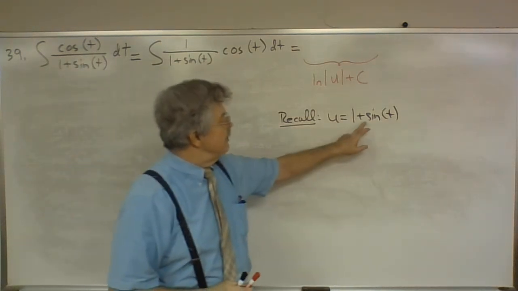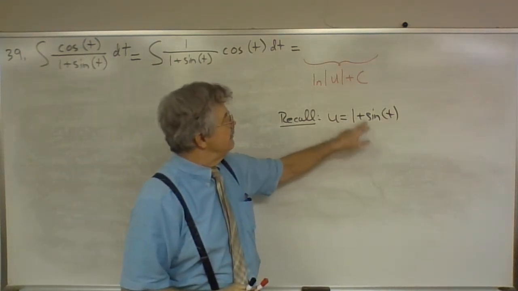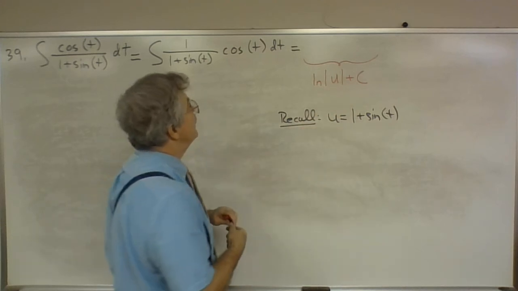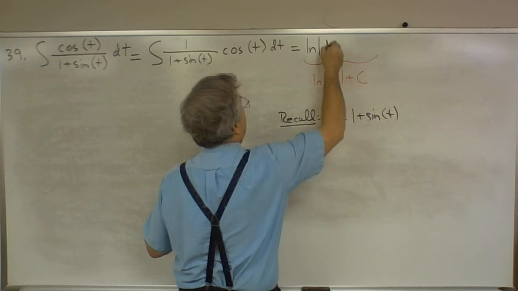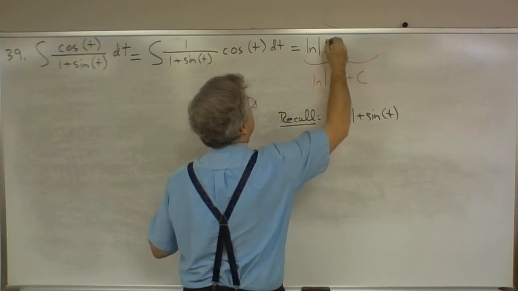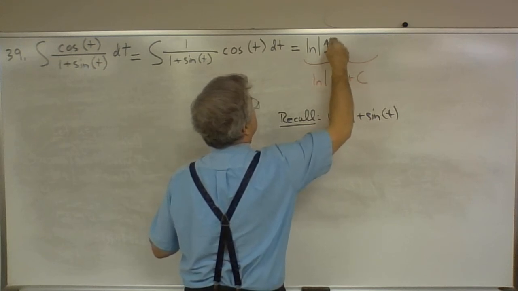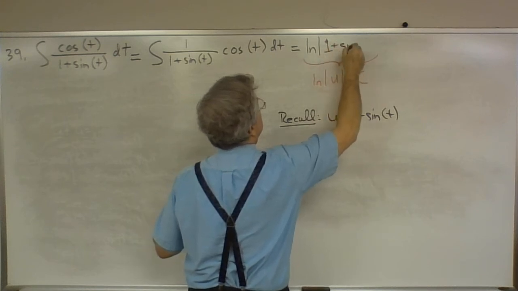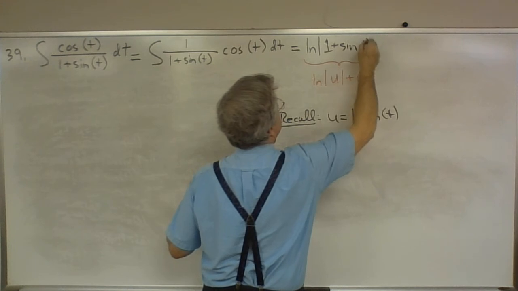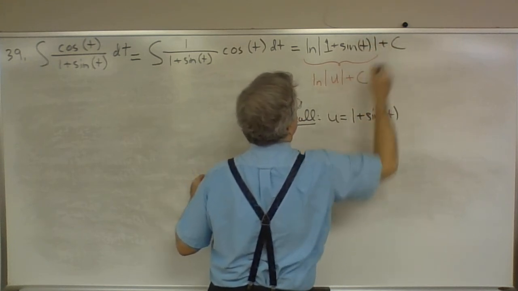So all we do is substitute 1 plus sine of t for u, and here's our answer. Natural log of 1 plus sine of t plus c.